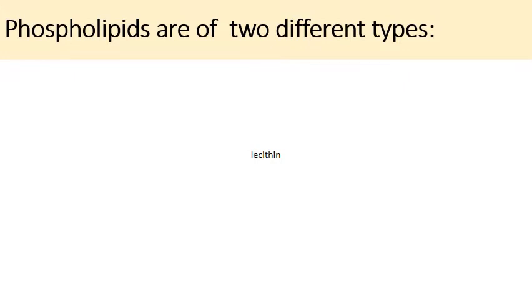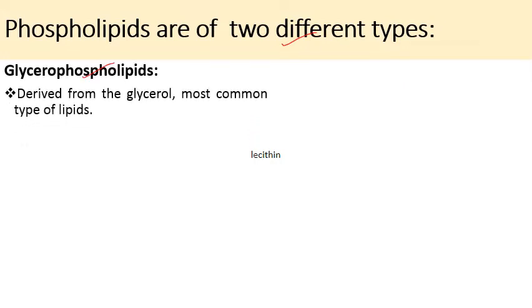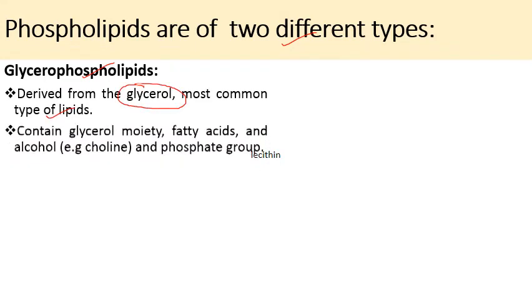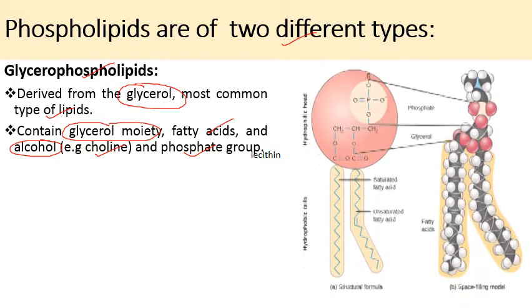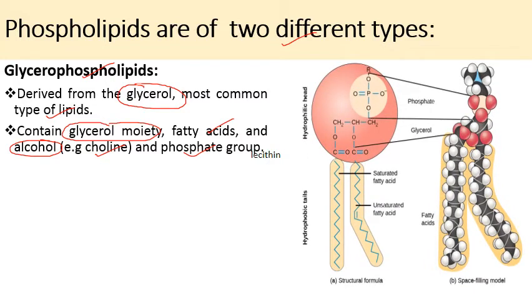Phospholipids are of two different types. Firstly, we have glycerophospholipid. It is derived from glycerol, which is the most common type of lipid. It contains a glycerol moiety, which means glycerol binding site, then fatty acids and an alcohol containing substance, like choline and serine, and it also contains a phosphate group. This is the basic structure of glycerophospholipid.